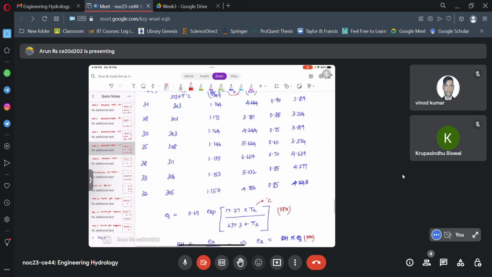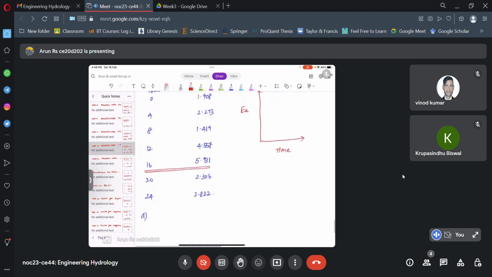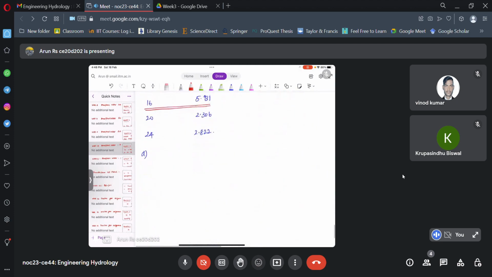But in reality we don't get an infinite amount of energy all the time, and similarly vapor transport also does not happen all the time. So both are limiting factors. So in that case they have derived a combined method, which is the evapotranspiration by using both the aerodynamic as well as your energy balance method.